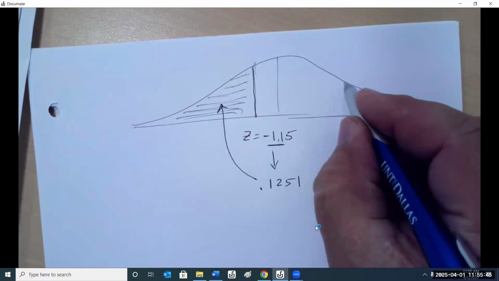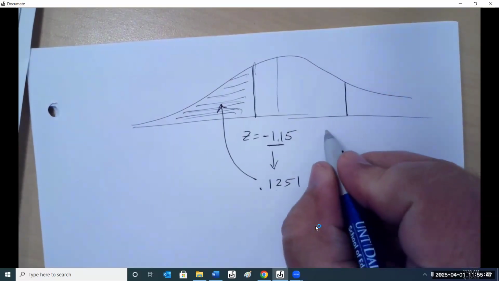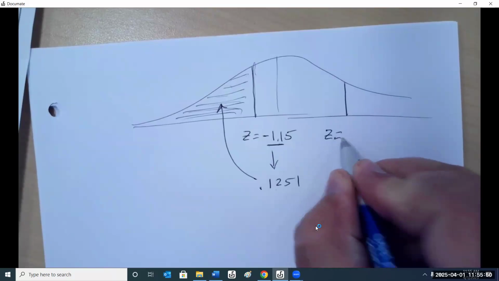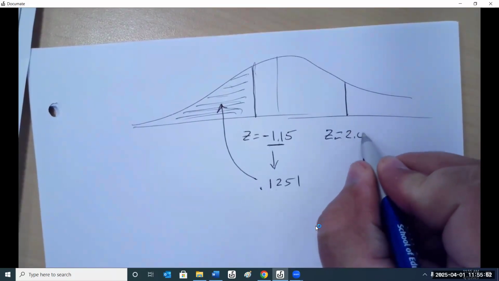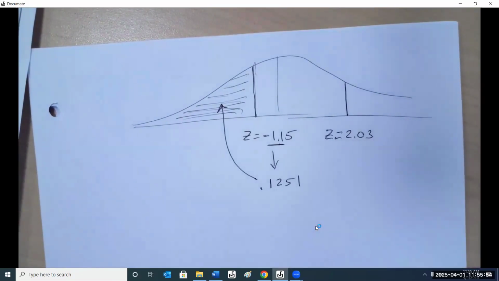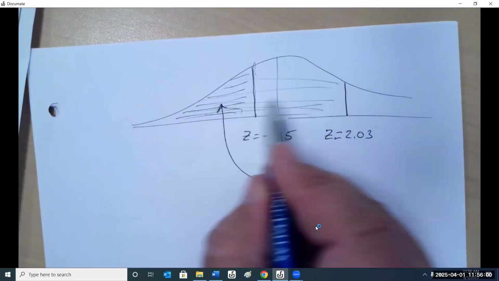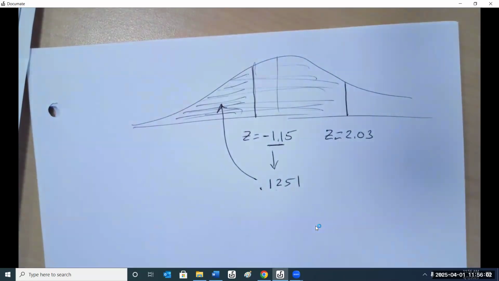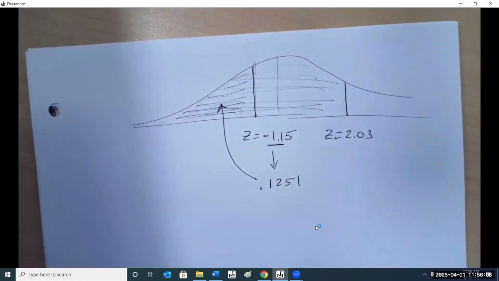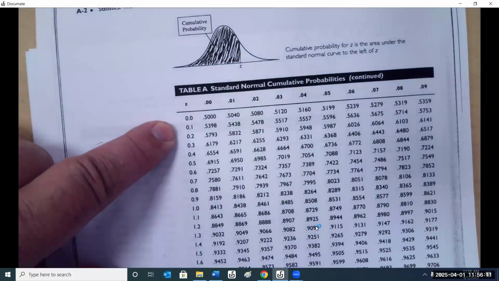Okay, now what about this one? If I had a value of 2.03, what would be that area? What would be that probability? So we have to go to the positive chart.